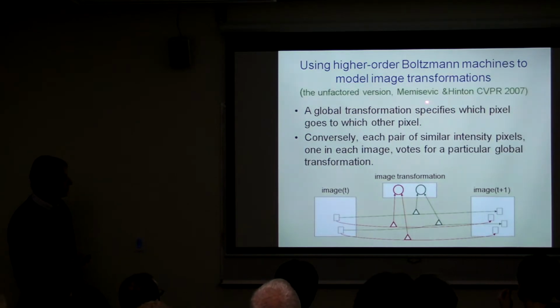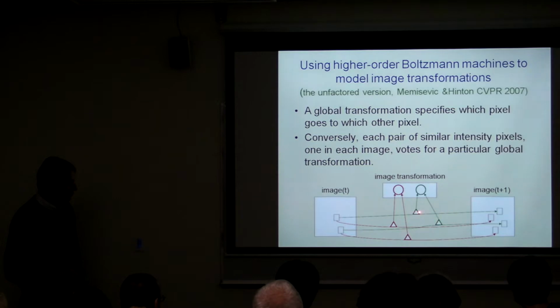So some time ago, Roland Memisevich and I got this to model image transformations. If you think about an image with random dots in it and you're translating it, then if these two dots go to there, you can think of using a three-way weight that says this dot going to there is consistent with a certain translation, and what's more, this dot going to there is consistent with the same translation.